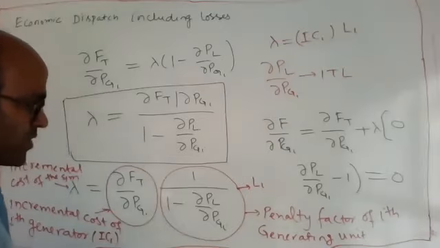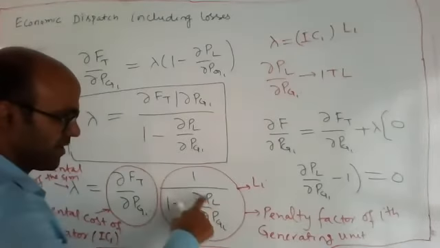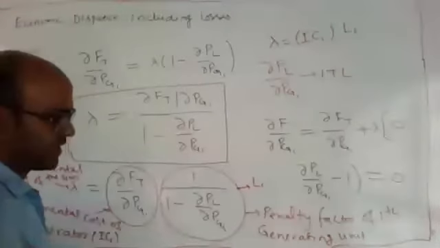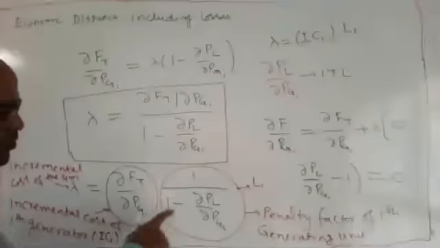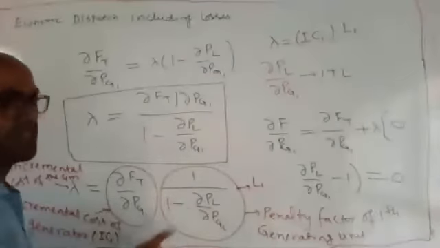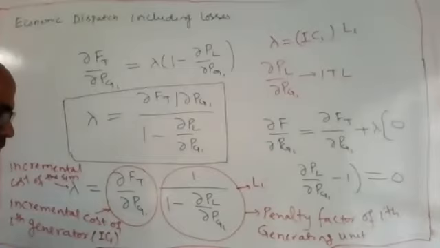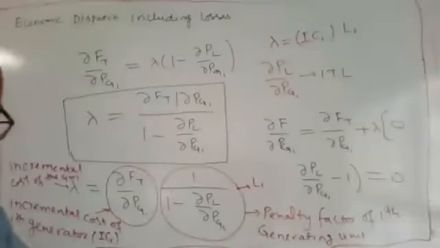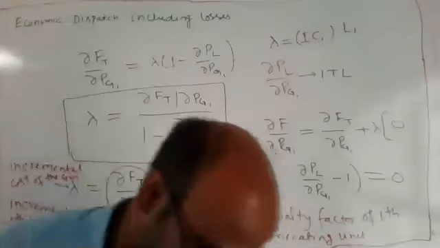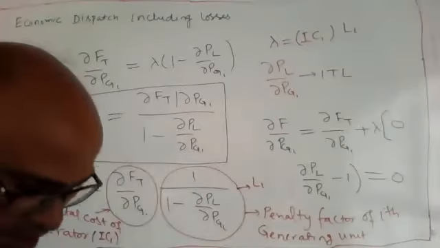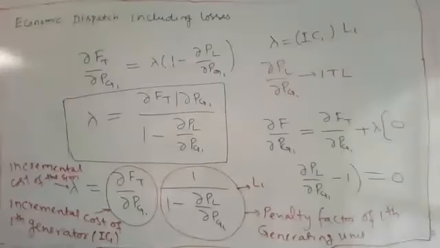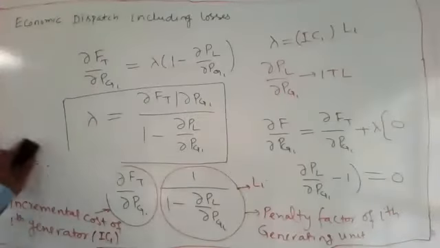Okay. So we are assuming PL is dependent upon PGi. So now the next topic is how to find an expression for PL, that is for transmission loss. Okay. So the next derivation is the B loss coefficient formula or transmission loss coefficient formula.